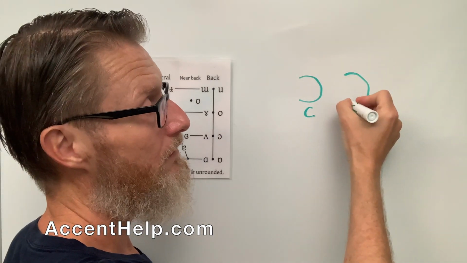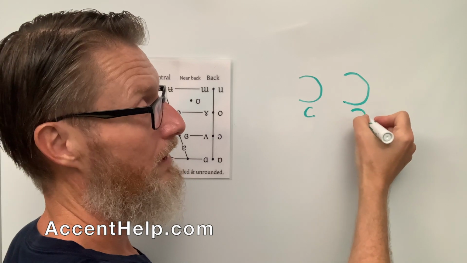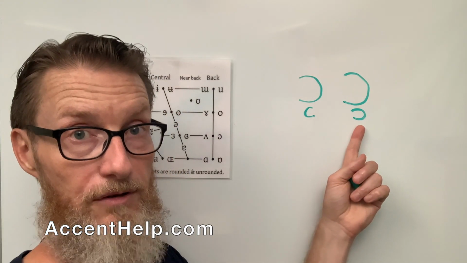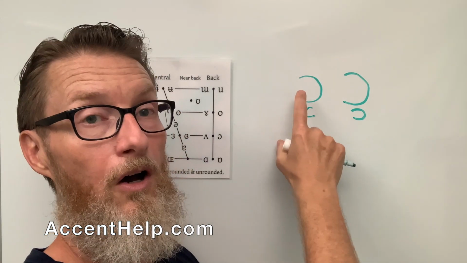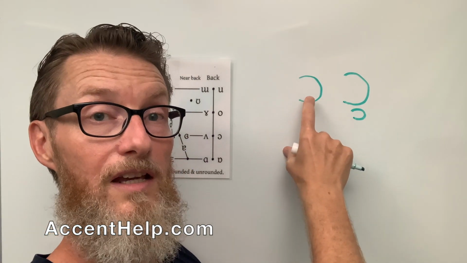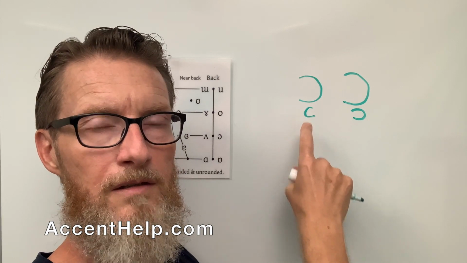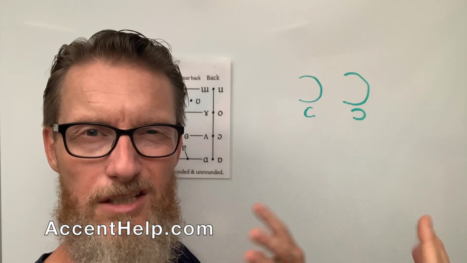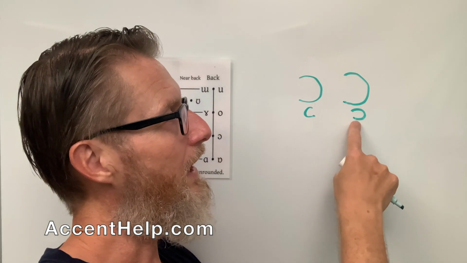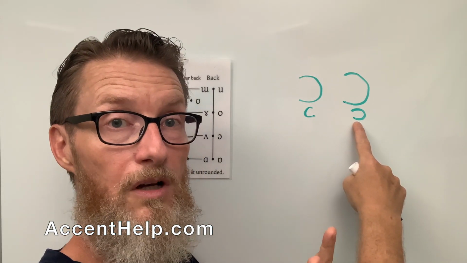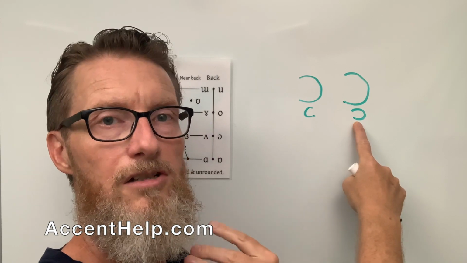Whereas most, say, RP speakers and many people from England will do additional lip rounding. So this would be the aw sound as Americans tend to say it: thought, cloth. Not all Americans, but in general, I'd say most. And then with many speakers from England, it's more rounded: thought, cloth.